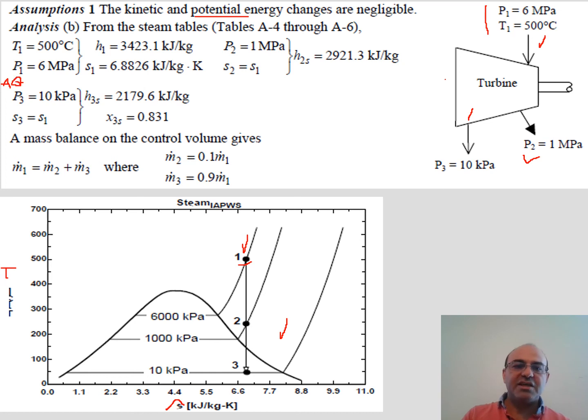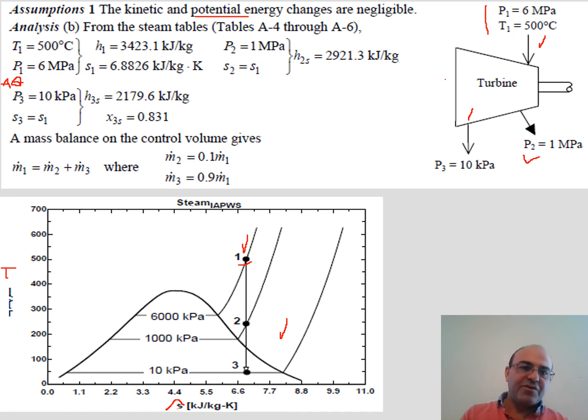So you're going to use table A6. This is basically the instructor's solution. For you in the exams, you need to write much more detail, because it has to show that you understand it and where the numbers are coming from.